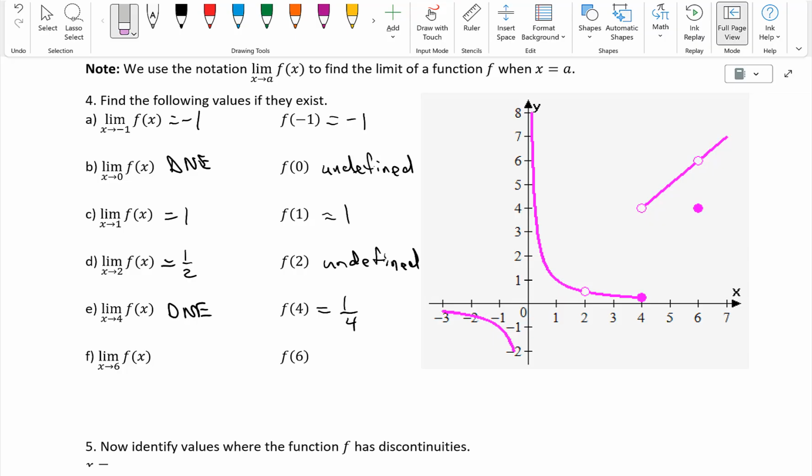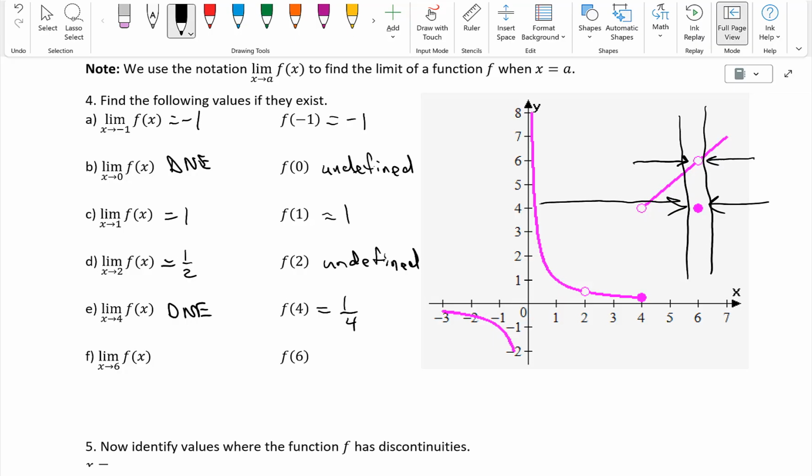For the limit as x approaches 6, for letter f here, we're looking close to 6 from both sides, left and right. I don't know why I drew them at the point, it doesn't really matter, but we're zooming in around here. As we get really, really close from both sides, as I move in along the function, I'm getting really close to this height of 6.